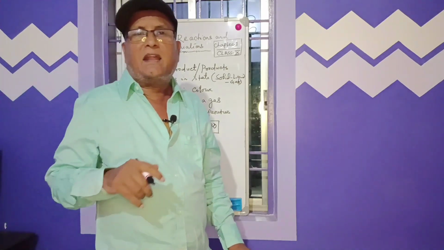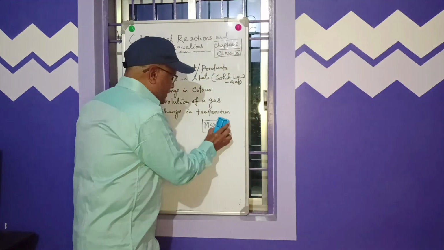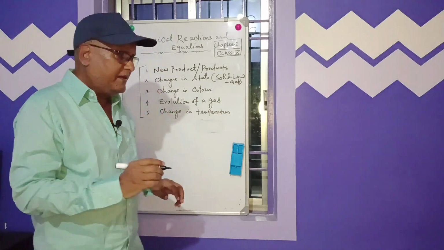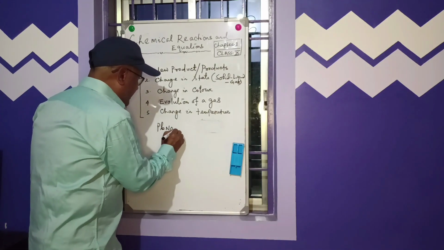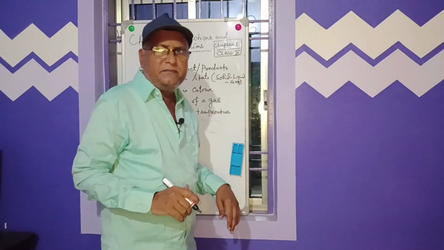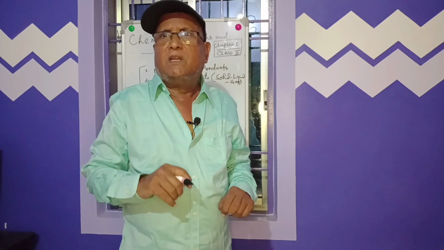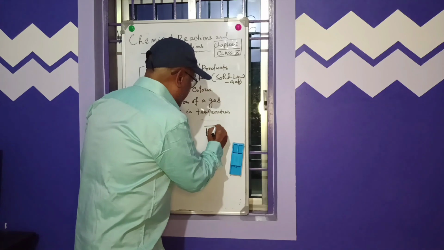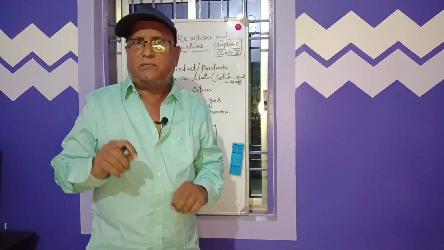So let us take another activity, that is 1.2. In this activity, let us take lead nitrate solution, Pb(NO3)2, a colorless solution, in a test tube and add slowly potassium iodide, that is KI, solution from another test tube.